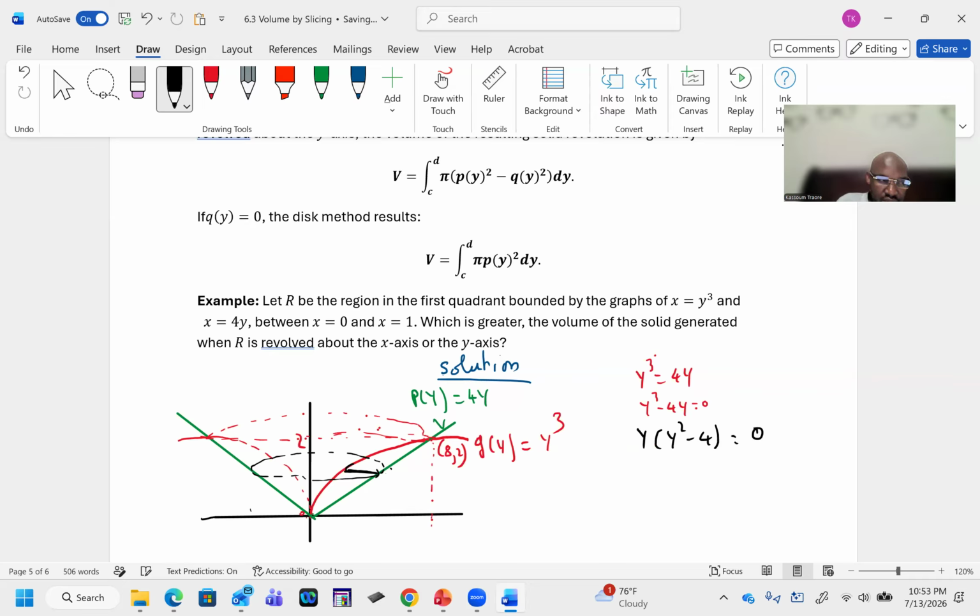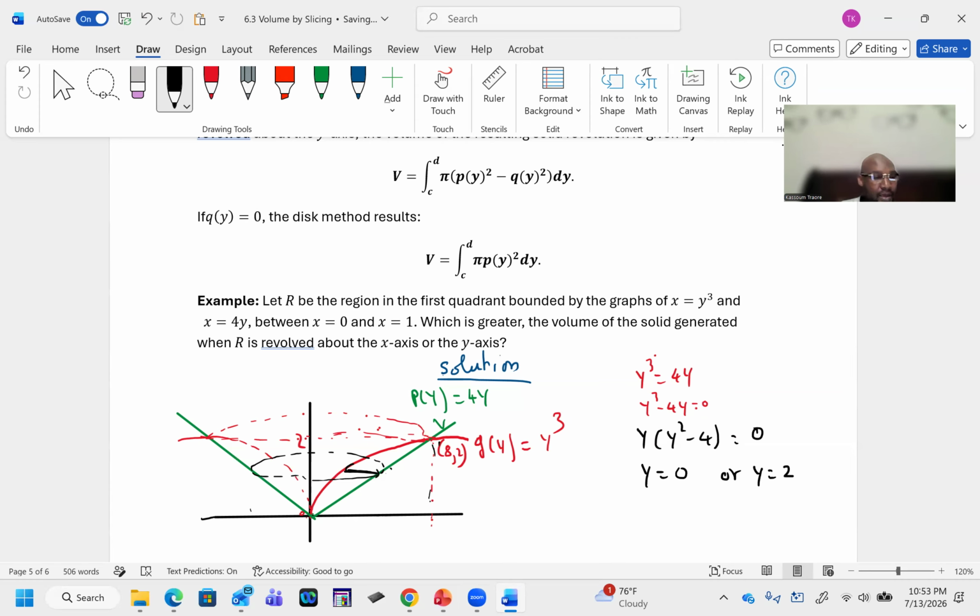So of course, by solving this one, we'll have three solutions, I mean. y can be 0 or y can be 2 or -2, but we are taking 2, right? The positive one. So that's why the point would be 0, 0 and 8, 2. When y is 2, x would be 8.